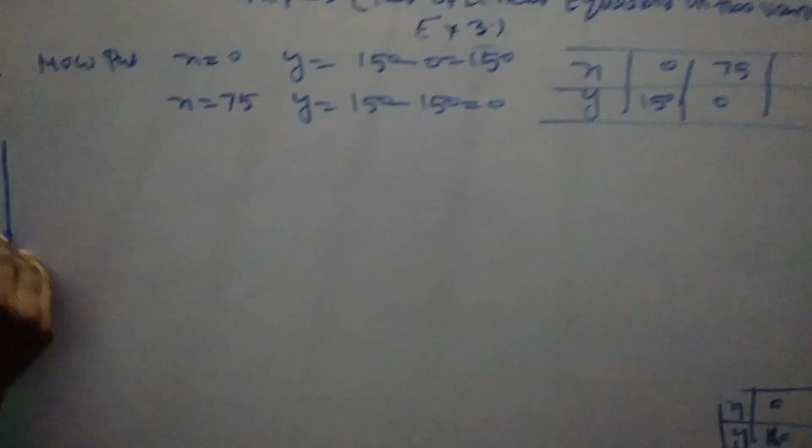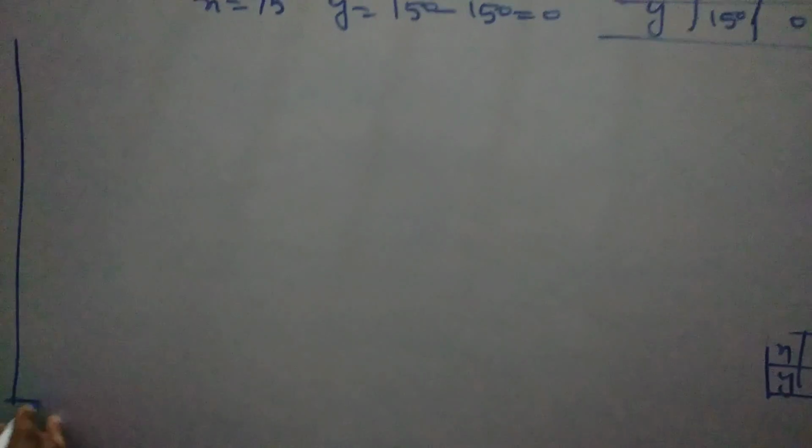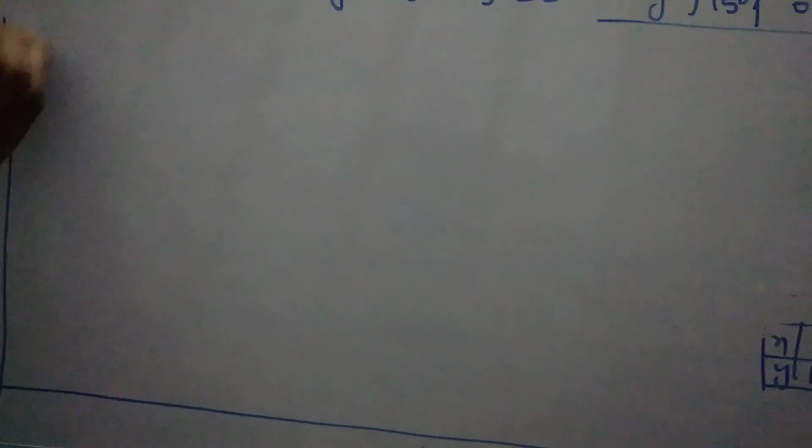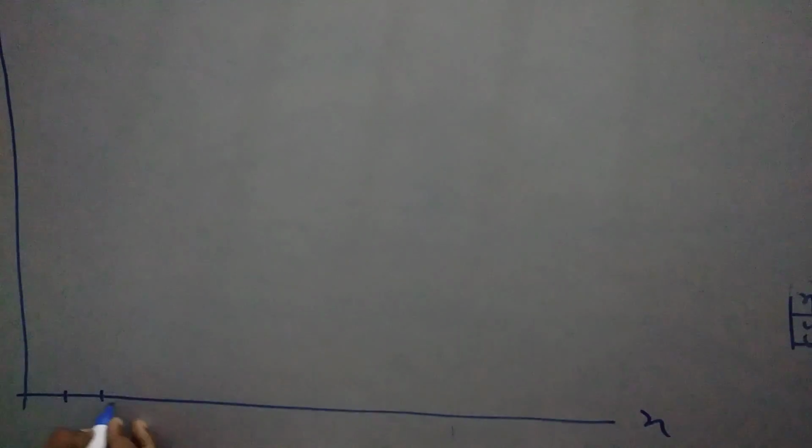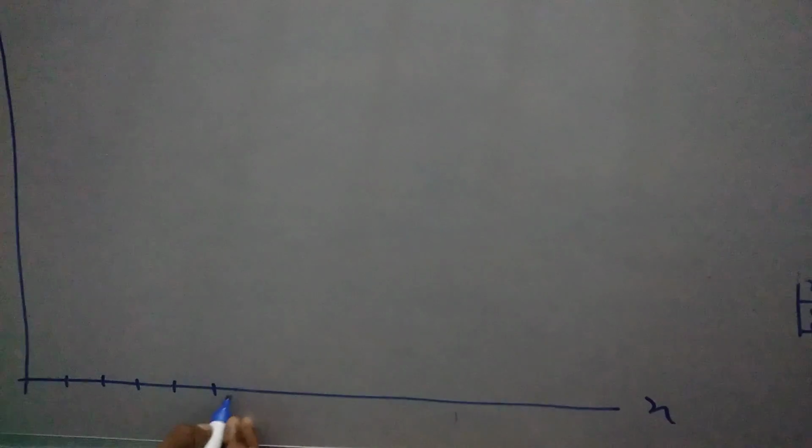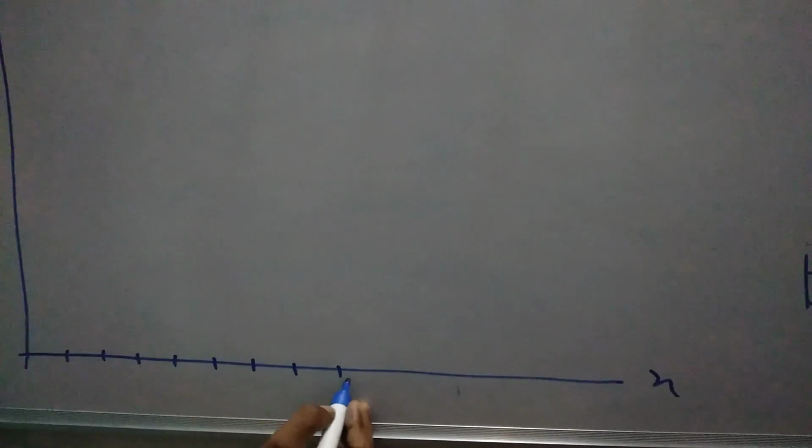Taking the graph paper, draw two perpendicular lines. This is the y-axis and x-axis. This is the graph paper. You also take the graph paper.